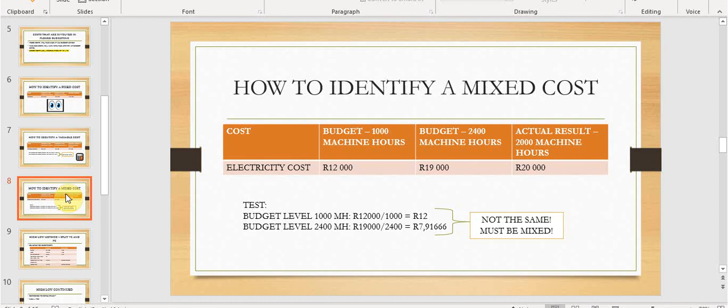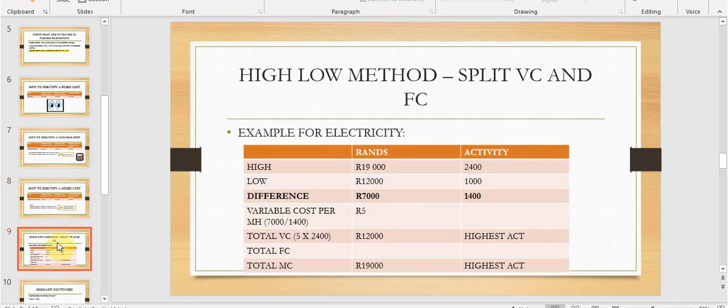Right, so now we've identified a mixed cost, but mixed costs involve a little bit more work. After identifying that a cost is mixed, you are now charged with the responsibility of also splitting this mixed cost into a variable cost and a fixed cost. For flexed budgets, we apply the theory of the high-low method.